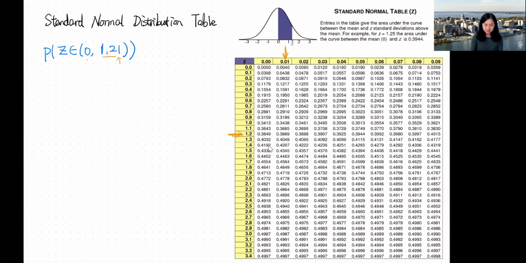And the probability is given by the cell corresponding to this row and this column, which turns out to be this exact number.